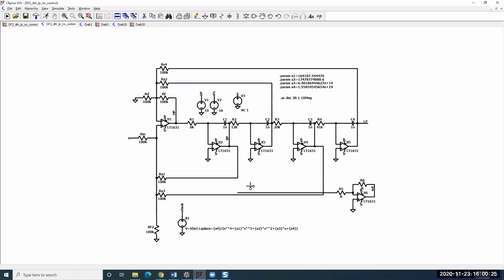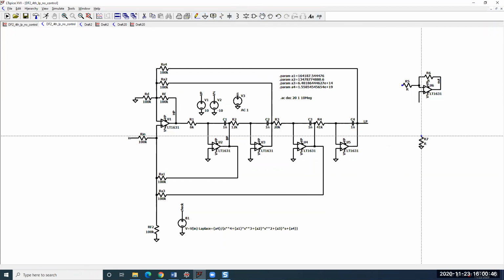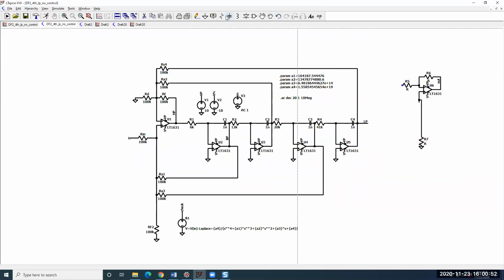Now, the other one, sorry, it's a bit ugly, right?